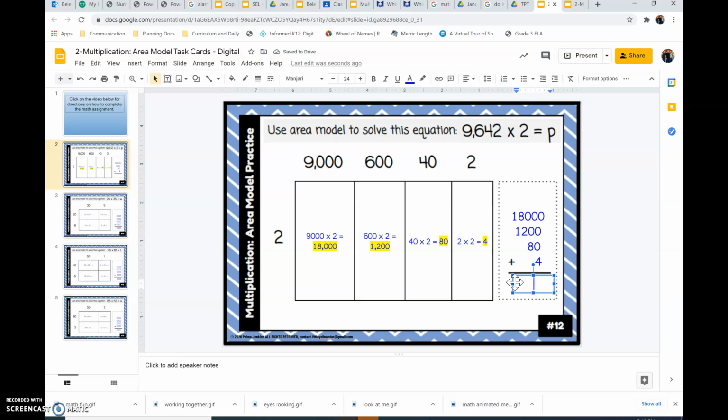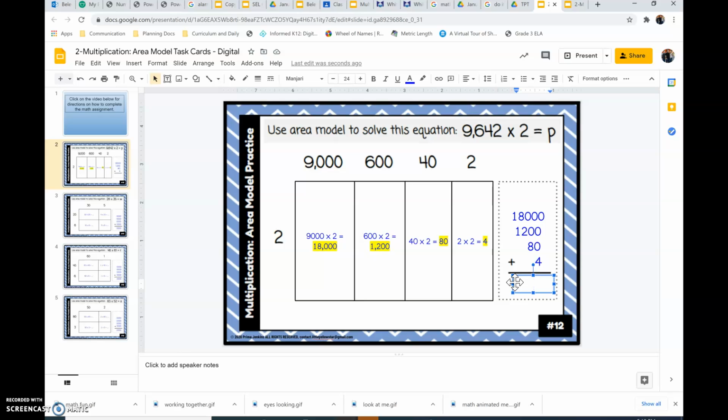I have 18,000, 1,200. When you add it on your paper or whiteboard, whatever you choose, make sure you line up the ones with the ones, the tens with the tens, the hundreds with the hundreds, the thousands with the thousands, and the 10,000s with the 10,000s. Okay, so I'm ready to type my answer.